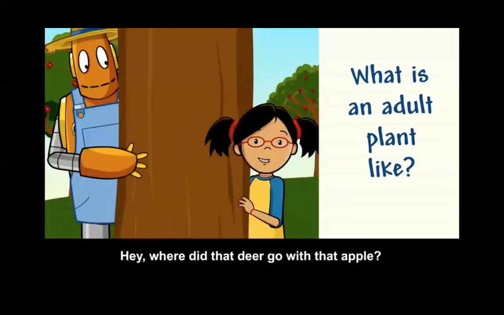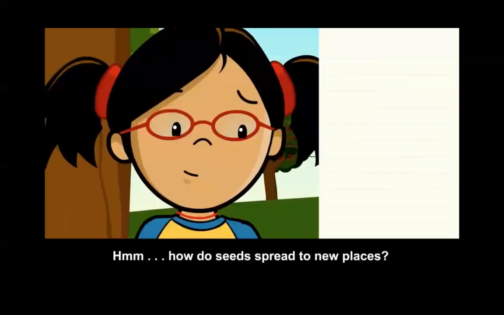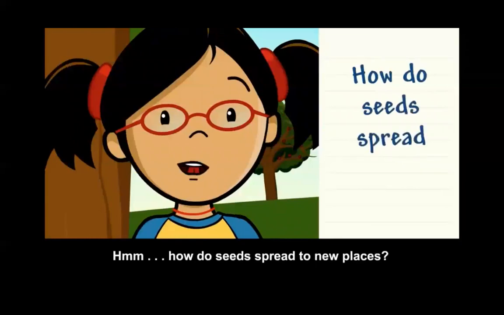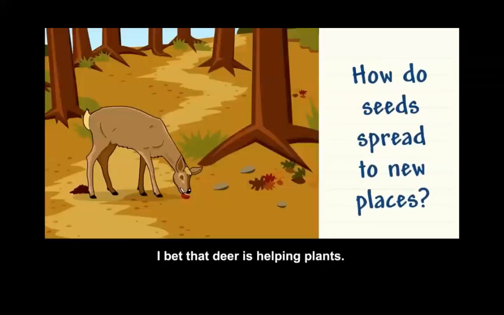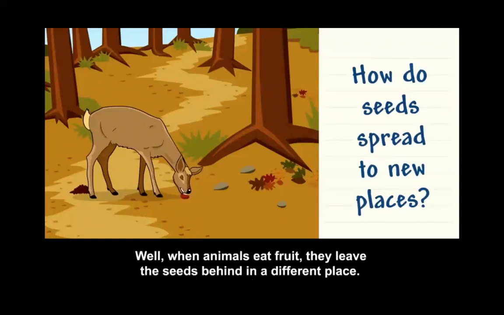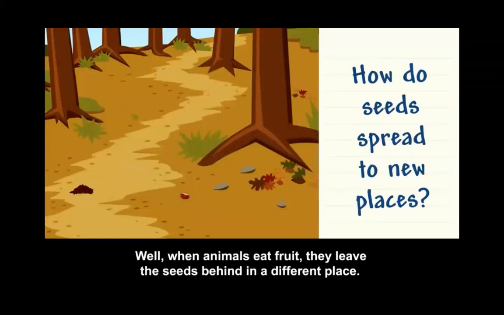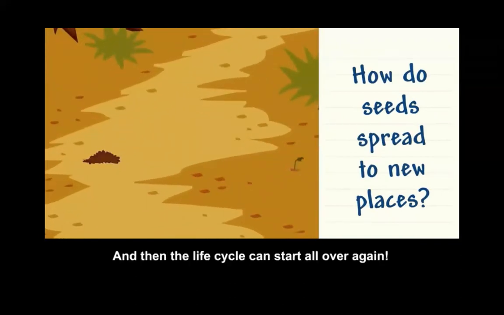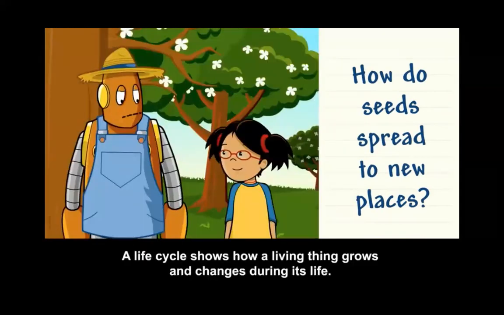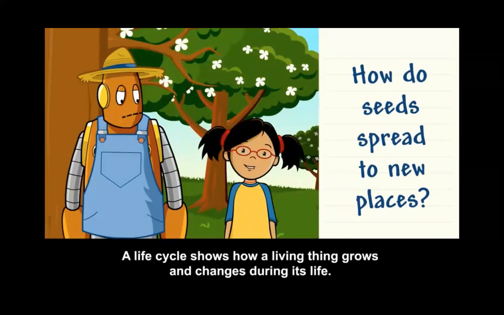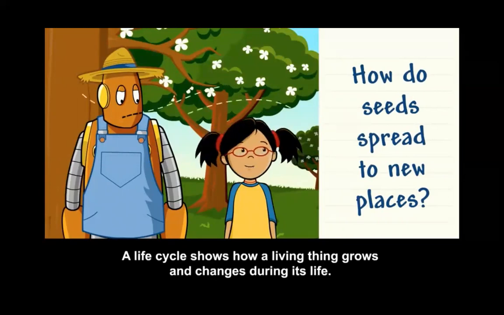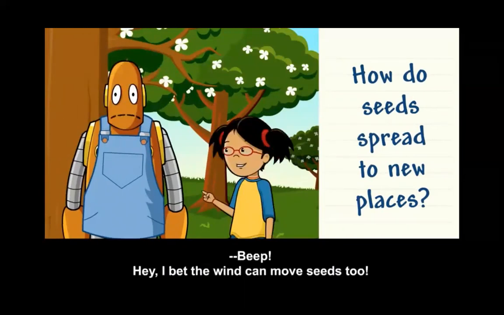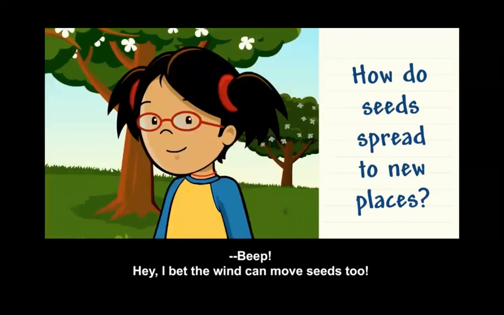Hey, where'd that deer go with that apple? How do seeds spread to new places? I thought that deer is helping plants. Well, when animals eat fruit, they leave the seeds behind in a different place. And then the life cycle can start all over again. A life cycle shows how a living thing grows and changes during its life. Hey, I bet the wind can move seeds too.